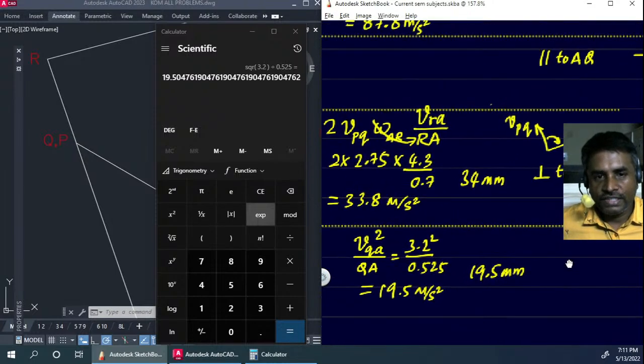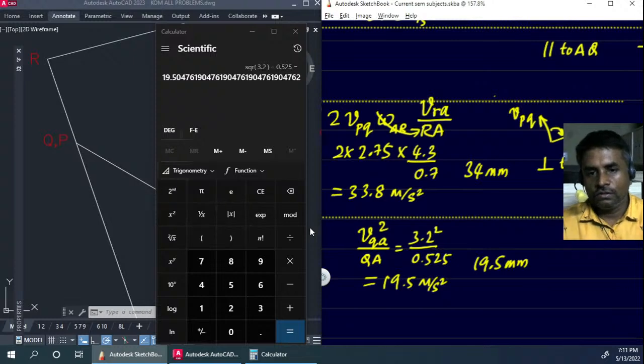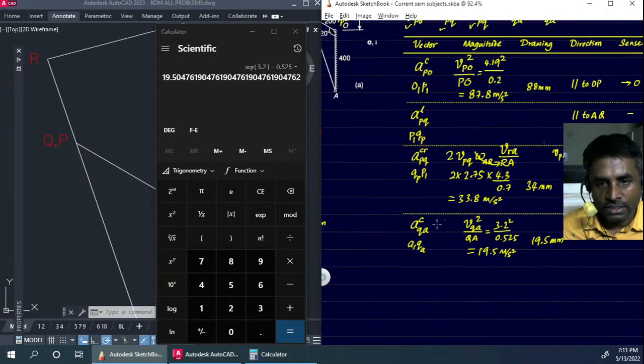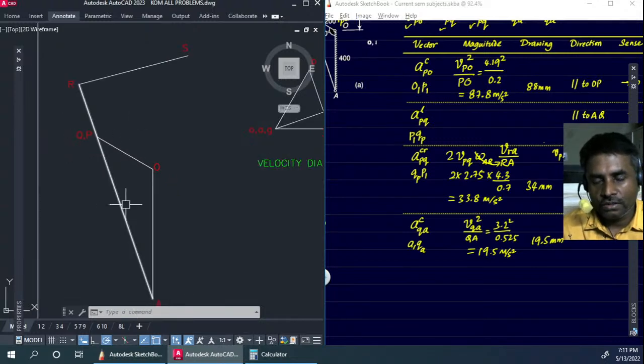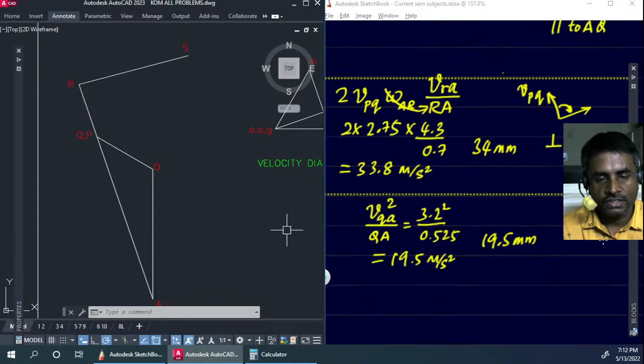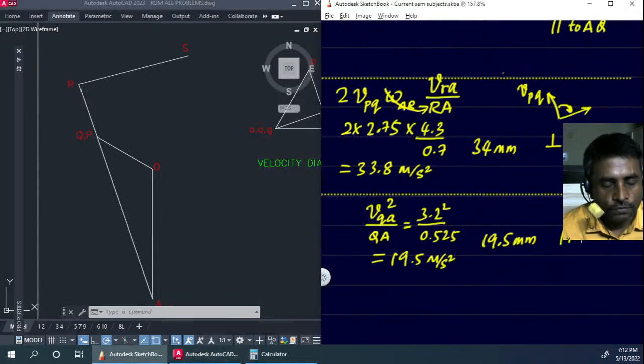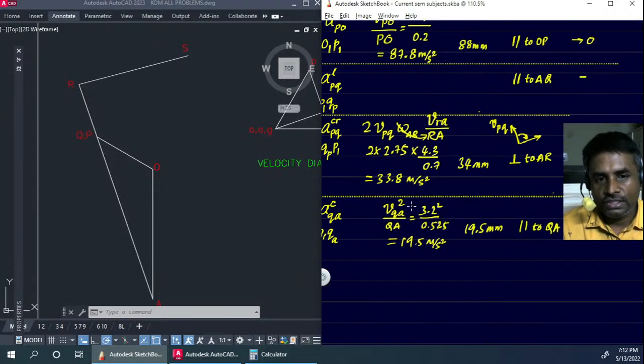And now what about the direction? So direction for this is, this is a centripetal acceleration. It will be parallel to QA. So direction is parallel to QA, and what will be the sense?